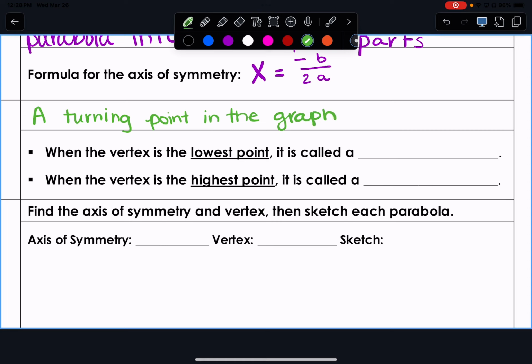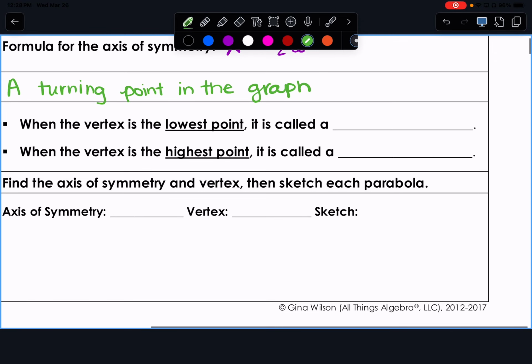And if the vertex is the lowest point, it is called a, what do you think? Minimum.